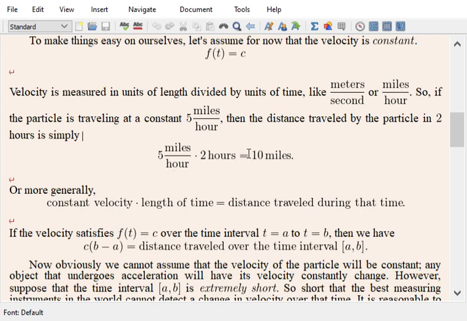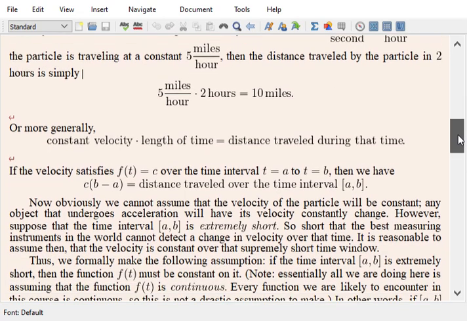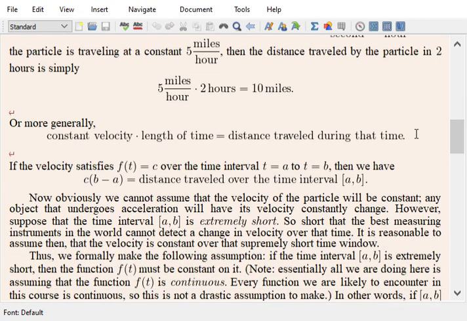These hours cancel out, so we just get 5 times 2, which is 10 miles. That's just ordinary dimensional analysis, dealing with the units of things to get the correct units out of it.